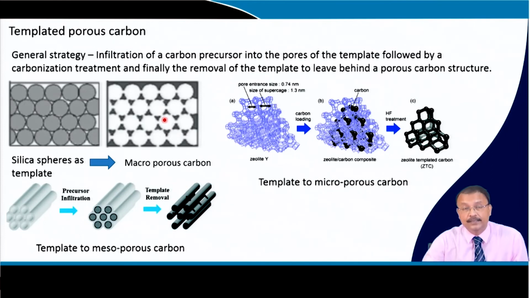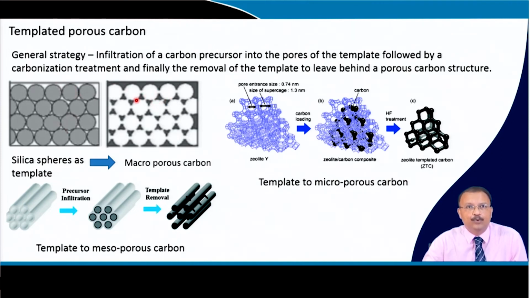Apart from that, that thing is very common, but you can use a templated porous carbon. You can see that this is the template. You impregnate it with carbon precursor, and then you get rid of this template.